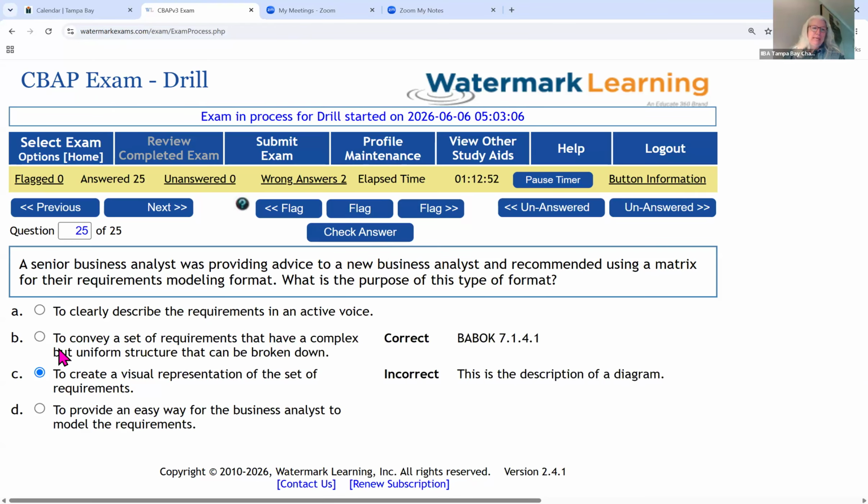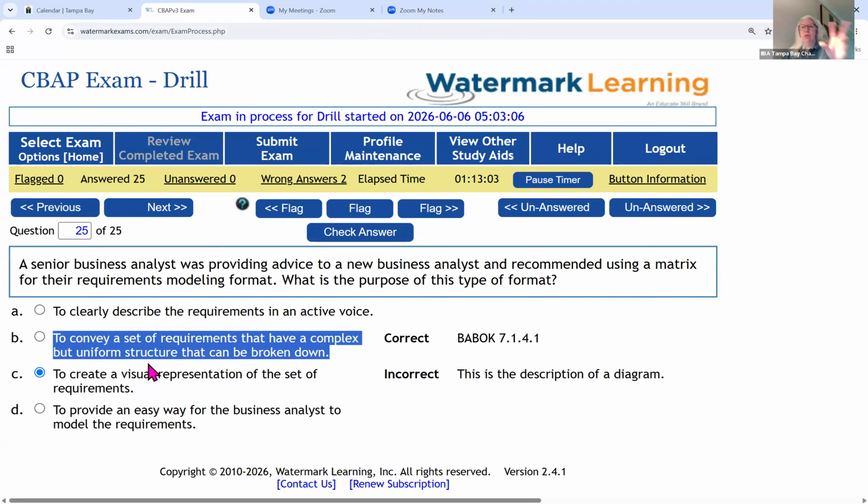Okay, so it is telling us this is the best answer. And the reason why is because it's a uniform structure. In rows and columns, you have each thing being compared against the same. For instance, it can hold over 60,000 records, yes or no. It can return results within 0.3 seconds, yes or no. We have a warranty period of at least 3 years, yes or no. Or you could say, how long is the warranty period?